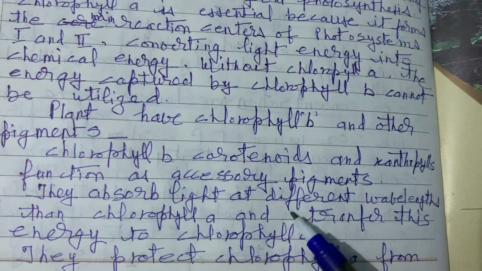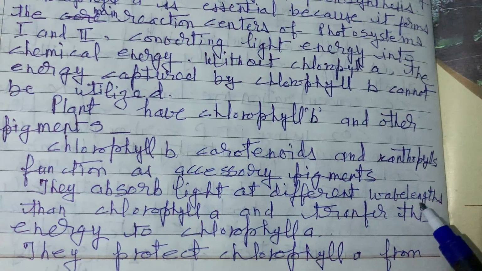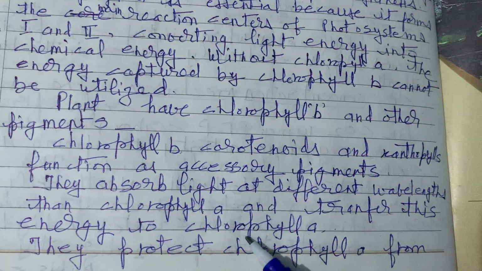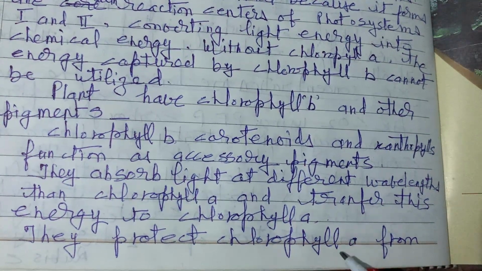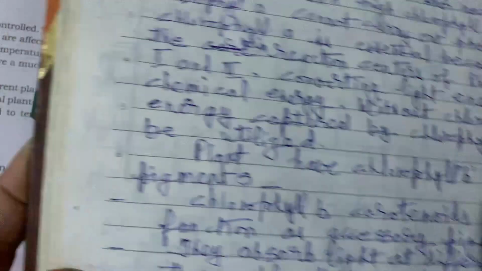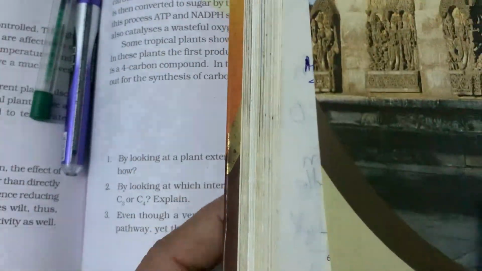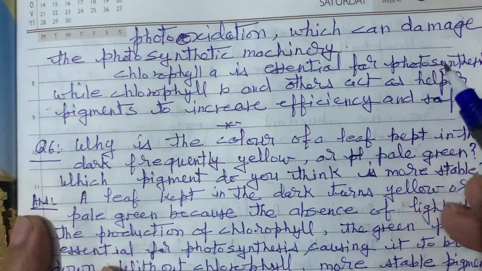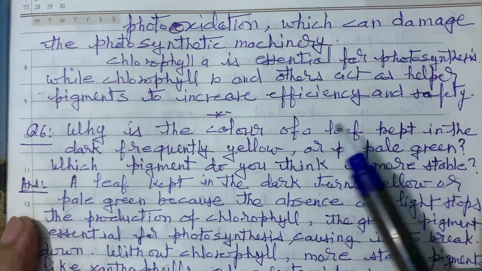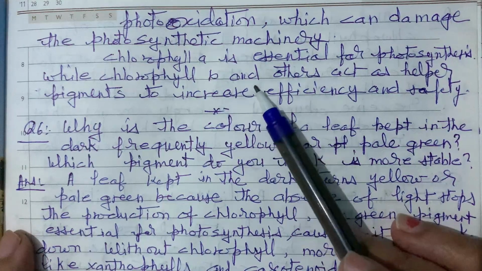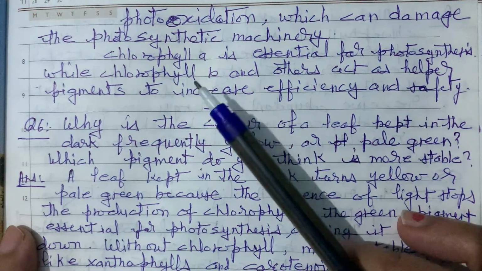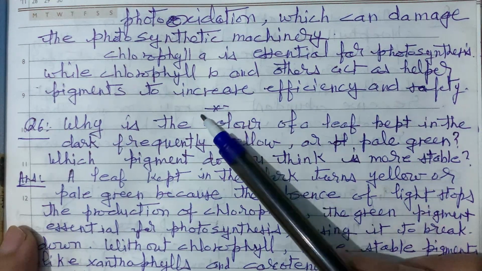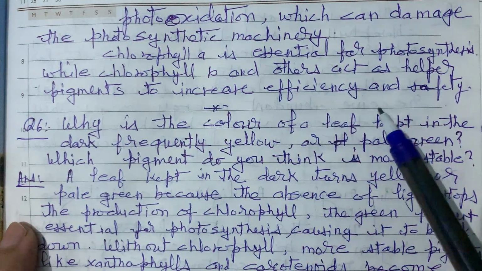They absorb light at different wavelengths than chlorophyll a, and transfer this energy to chlorophyll a, and they protect chlorophyll a from photooxidation, which can damage the photosynthetic machinery. So chlorophyll a is essential for photosynthesis, while chlorophyll b and others act as helper pigments to increase efficiency and safety.